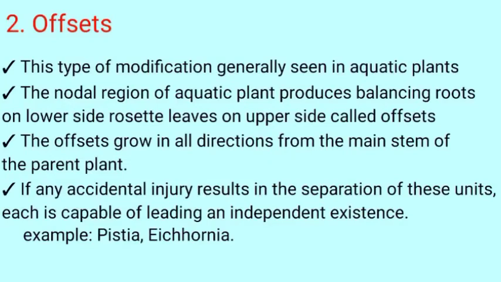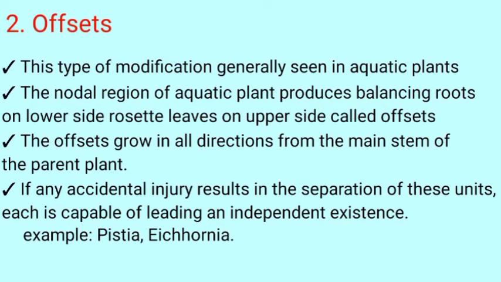The second type of subaerial stem modification is offset. Generally, this type of modification is seen in aquatic plants. The nodal regions of aquatic plants produce balancing roots on the lower side and rosette leaves on the upper side, called offsets.